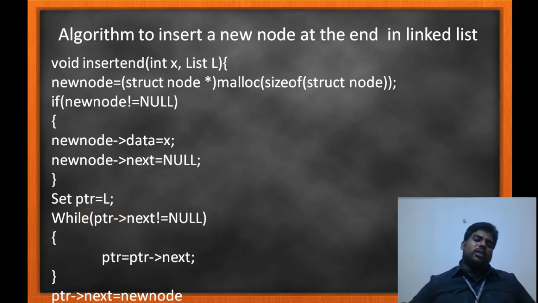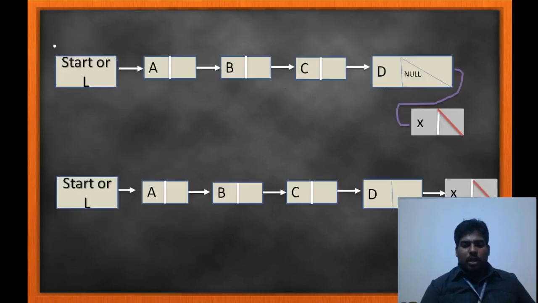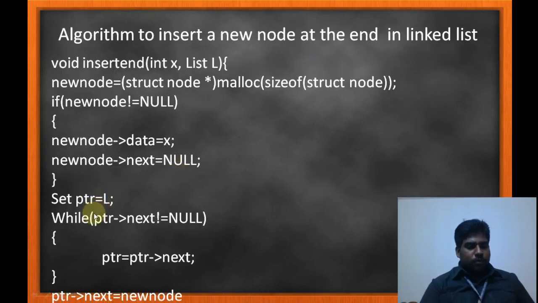What's the meaning of this? So the starting position's next should not be null. See the next slide. This is the first position, the start position, ptr. Is ptr next null? No. Here 4 nodes are there. That's why, while ptr next not equal to null, you are skipping next like that.